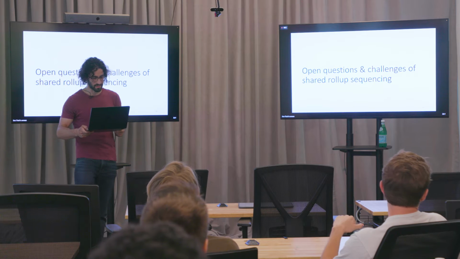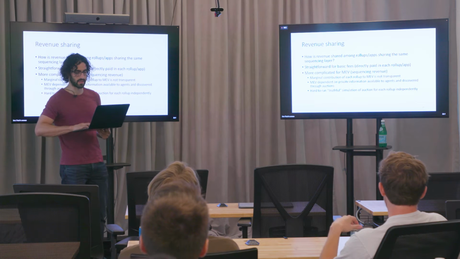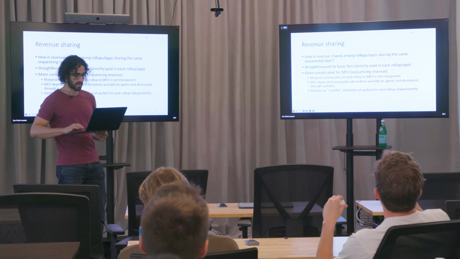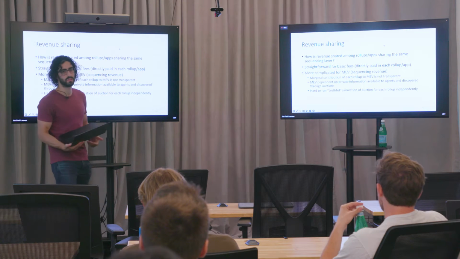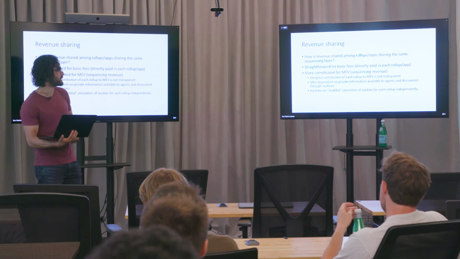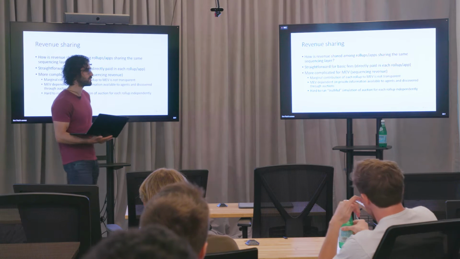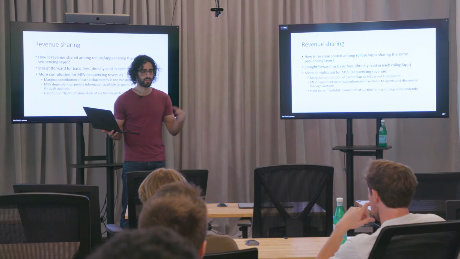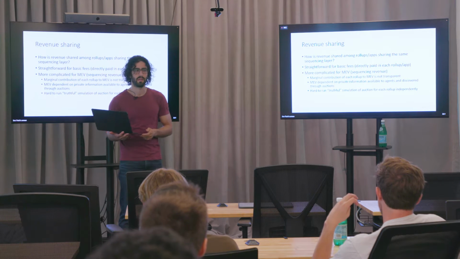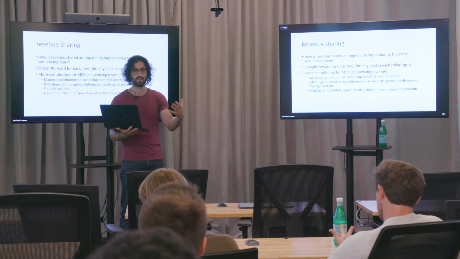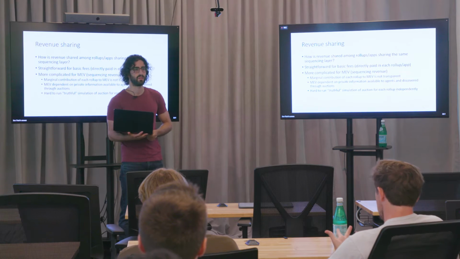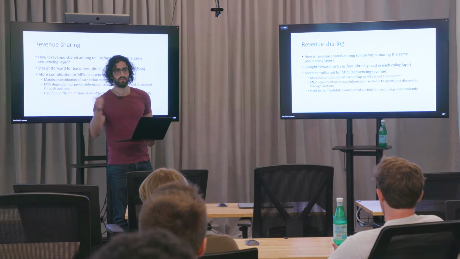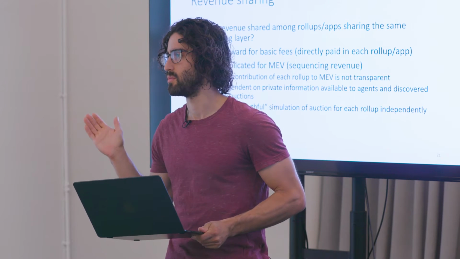Just a reminder of what the questions are so that you can decide which group you want to be a part of. The first question is about revenue sharing, and specifically this question of if you have multiple rollups or users or applications which are contributing to the MEV of the blockchain, then how do you figure out what each participant's marginal contribution to MEV is?